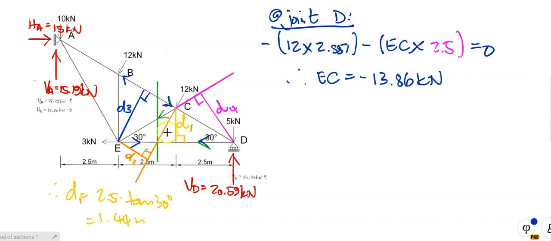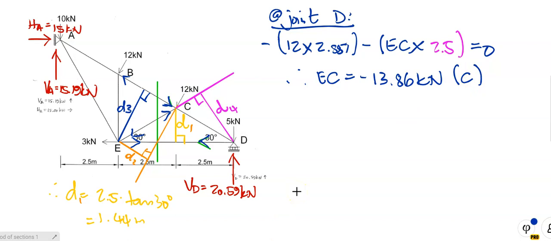This minus sign means that my assumption that EC is in tension is not correct. It is actually in compression like so. So therefore it's compression.